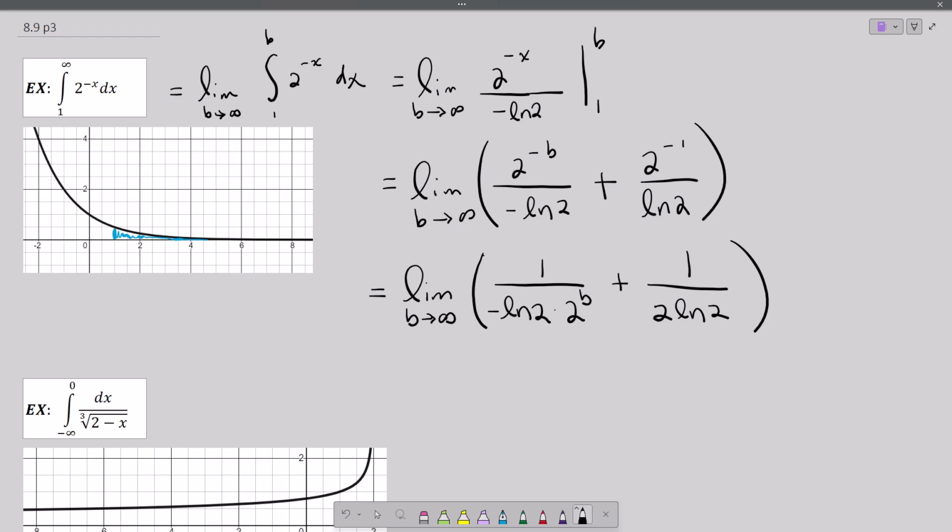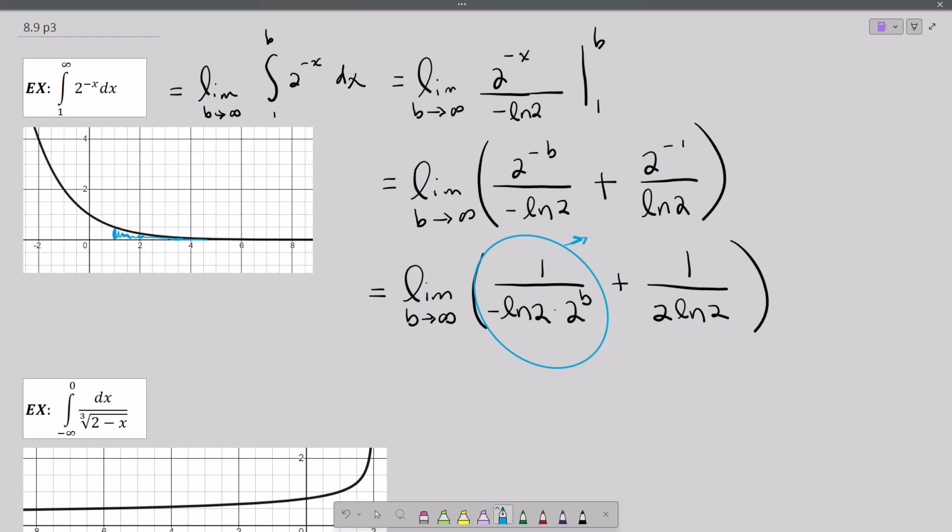So, the limit as b goes to infinity, what's going to happen to this term here? What is happening to this term as b goes to infinity? Go to what? Use words.